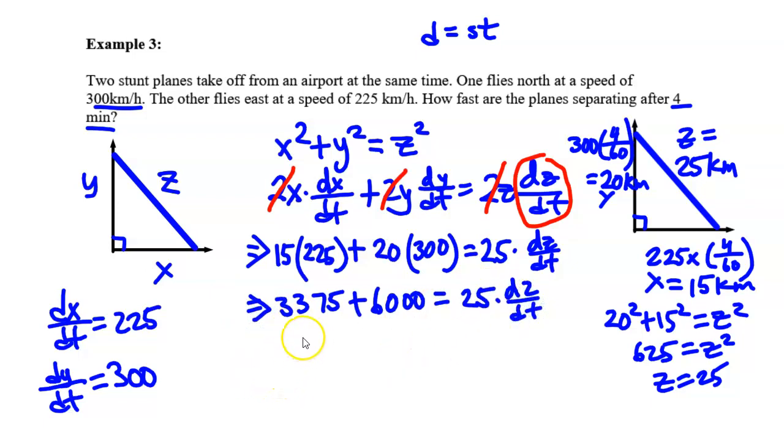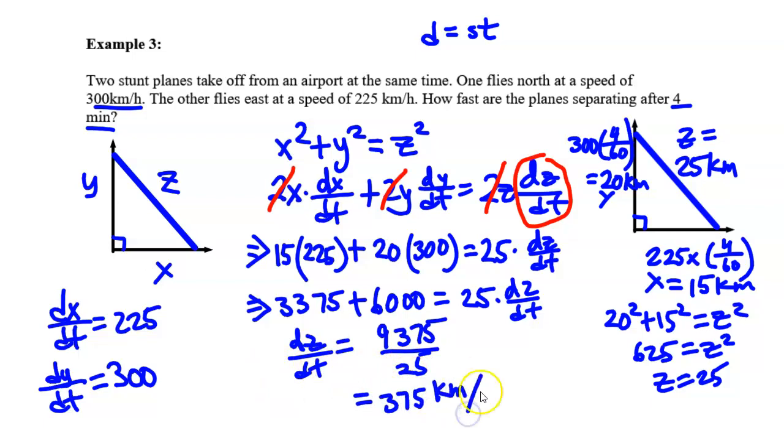Okay, so I end up with dz dt is equal to 9,375 divided by 25, which gives me 375. And since it's a rate, this would have to be in units of kilometers per hour.